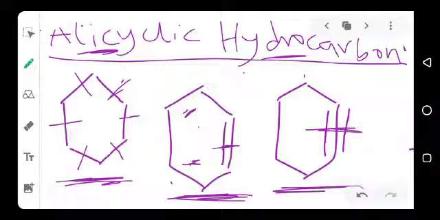Now the one with only single bonds is called cycloalkanes.